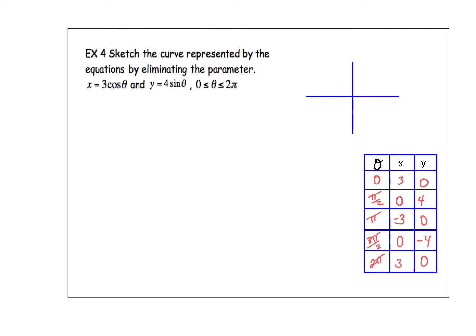So if we plot these one at a time, 3 comma 0, and that occurs when theta is 0. And then 0, 4, a little bit taller. That occurs when theta is pi over 2.